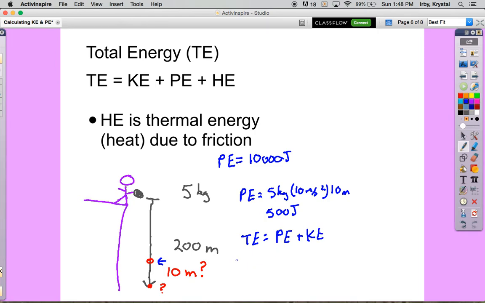So I would have a total energy of 10,000 joules equal to a potential energy of 500 joules plus some value of kinetic energy. So I just have to subtract, and I would have a kinetic energy of 9,500 joules.